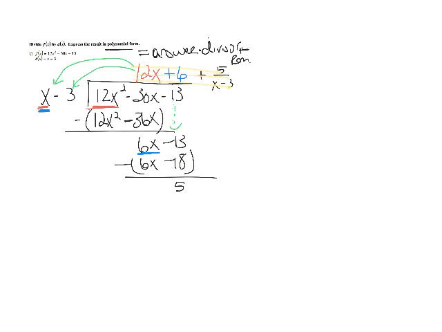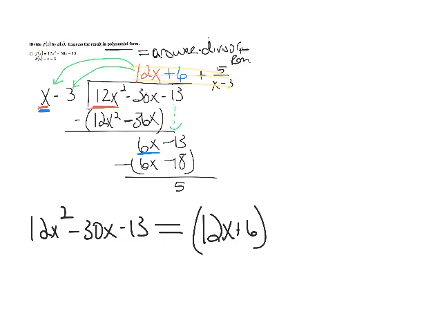So the original was f of x is 12x squared minus 30x minus 13 equals, so that original polynomial equals, okay, the answer that we got was the 12x plus 6 up top on the division bar. Our divisor, what we divided by, was x minus 3, plus our remainder of 5.